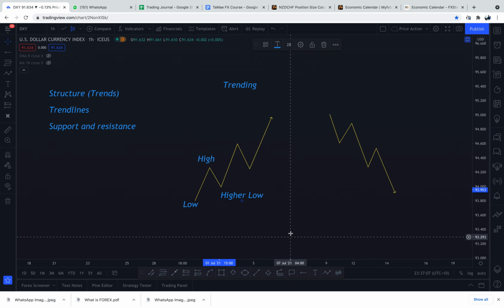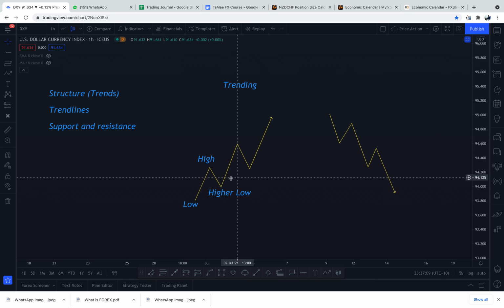Okay, then from the higher low, the market moved up to this point, which is higher than this one. So it's a higher high. Okay, higher high. So that's that point. And this point is higher than this one, but it's still a low. So this is a low, this is a higher low, this is also a higher low because it's higher than this one.